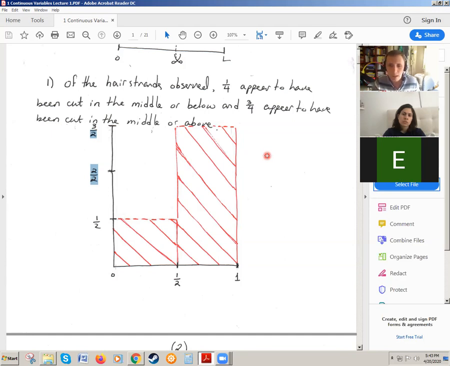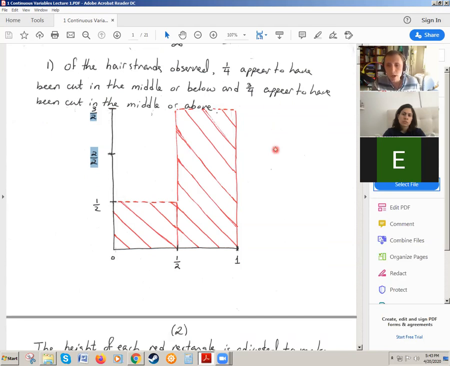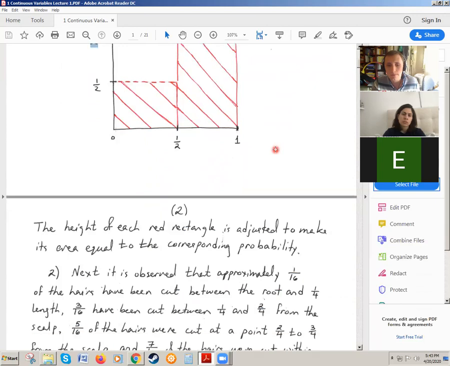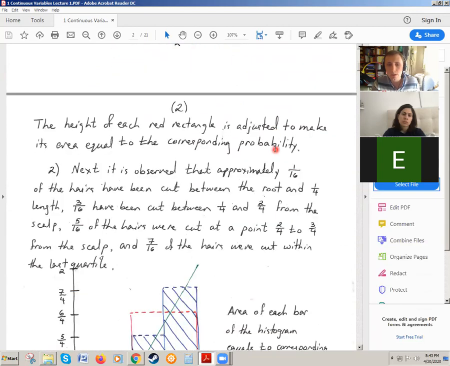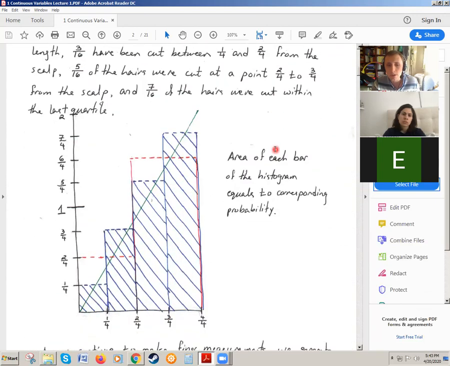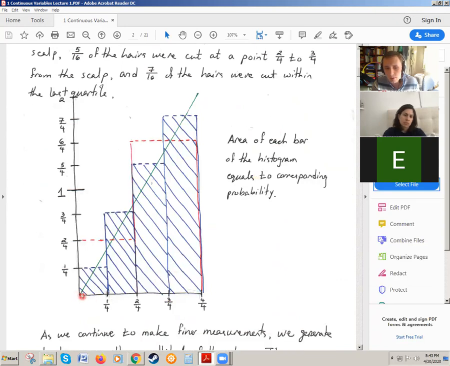Okay, so then you watch this a bit more carefully, and you notice the following. Let's suppose that I'm able to distinguish whether the cut was made between the scalp and 1/4 length, between 1/4 and 2/4, between 2/4 and 3/4, between 3/4 and 4/4. And imagine that once you create the histogram, you get those blue bars. You can see the dots here.